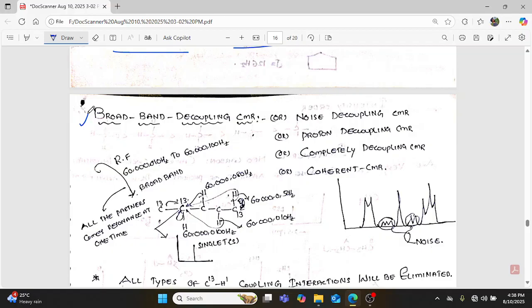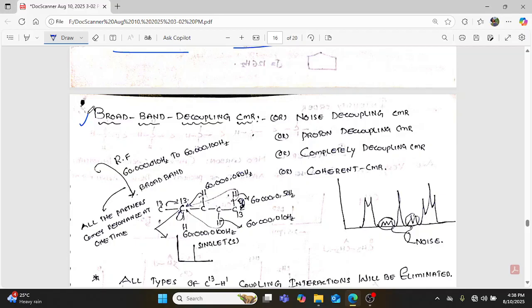This simply states that in any organic molecule, if we eliminate all kinds of C13 proton coupling interactions, then the spectrum is called a broadband decoupled spectrum.